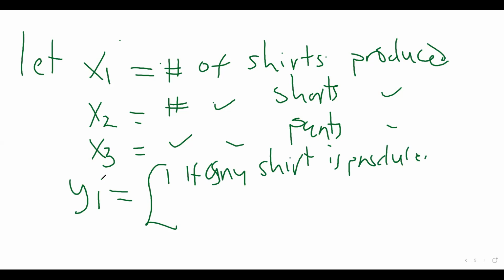In other words, if any shirt is produced, then the cost of machinery for shirt, Y1, is going to be there. The 1 here is referring to it being there. And then it's going to be 0 otherwise, that is, if no shirt will be produced.